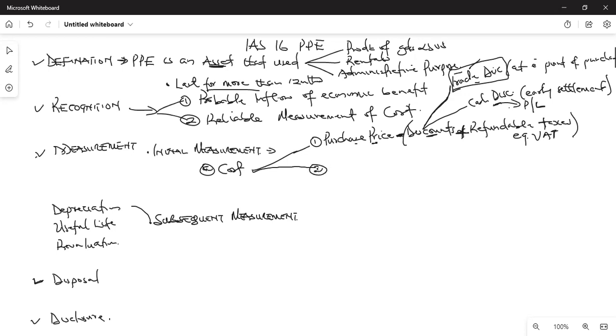So number 2, you add direct costs. The direct cost, we are talking about any other cost incurred in bringing the asset into its useful state as intended by management. Please listen carefully because these are standards and standards are law.